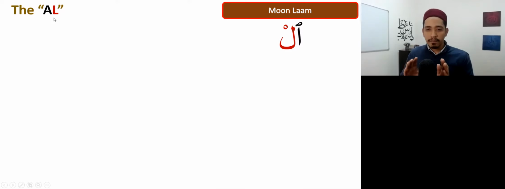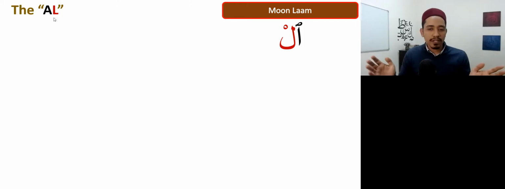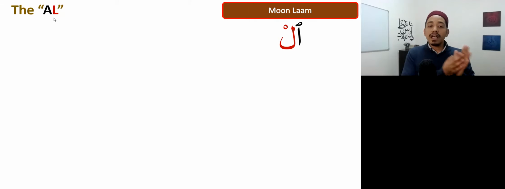So we said the lam that comes with the connecting hamza and forms that combination, the Al combination, will be seen in a text in two types. It will either be a moon lam or a sun lam. And we said the moon lam we identify by it always having the sukoon on it. The sun lam, on the other hand, will have no markings on it and there will always be a shadda on the letter after it.